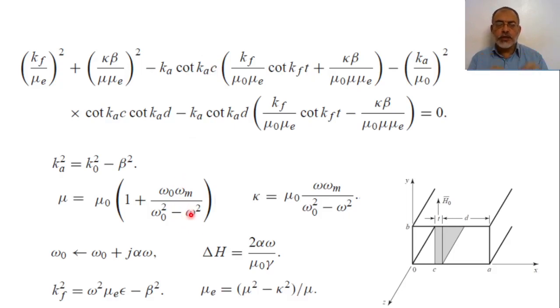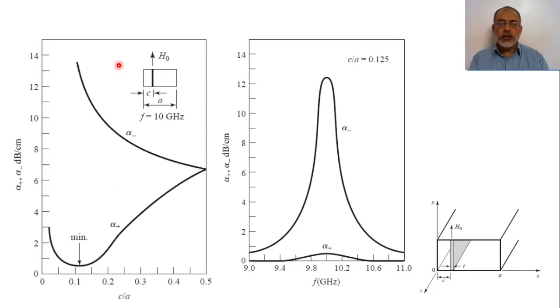Instead of fixing the frequency to be 10 gigahertz, we are going to vary the frequency. For each frequency, we are going to calculate the complex beta plus and beta minus, and from them we find alpha plus and alpha minus as the attenuation for the forward and the backward.